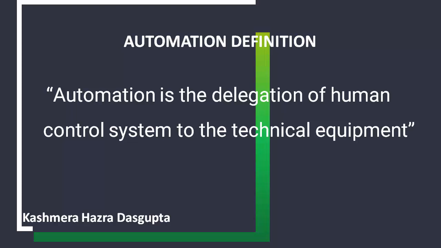Now let's come to the definition. Automation is the delegation of human control system to the technical equipment. In simpler words, it is a technique or a method or any system that operates or controls a process by highly automatic means, as by electronic devices, reducing human intervention to a minimum.